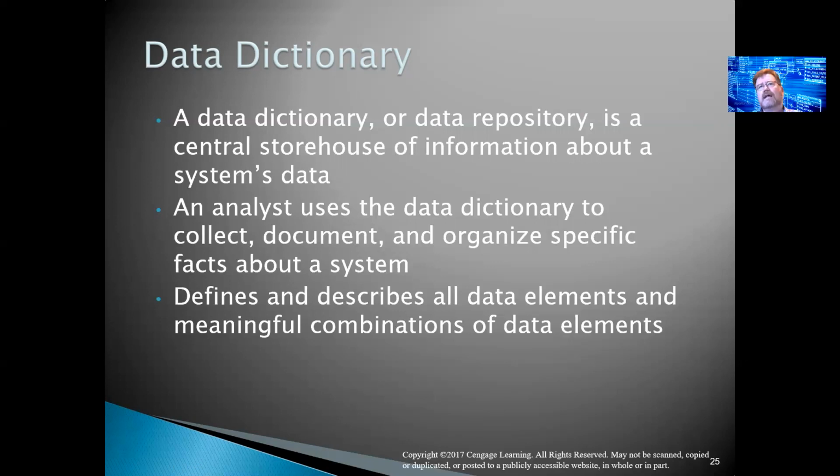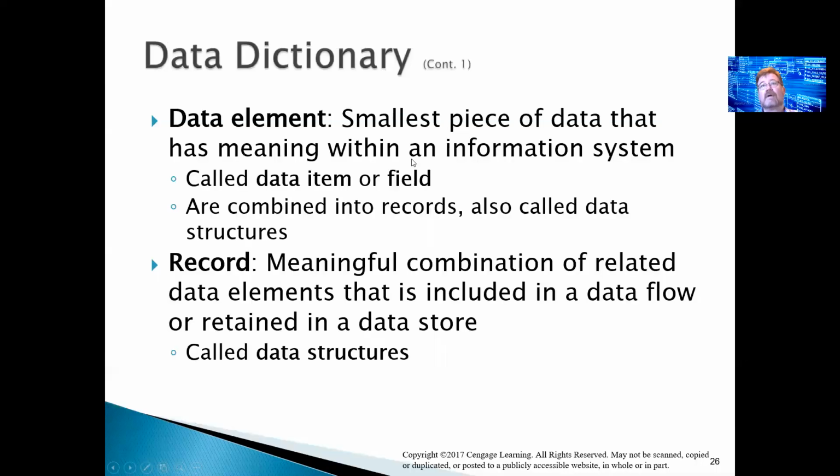So, before I leave this topic, there's one subtopic, and that is the data dictionary. Typically, for the data flow and the data store, you're going to want to further define what that data actually is, and that's what the data dictionary is used for here. It's designed to capture what the element is, like the smallest piece of data, such as an order number.